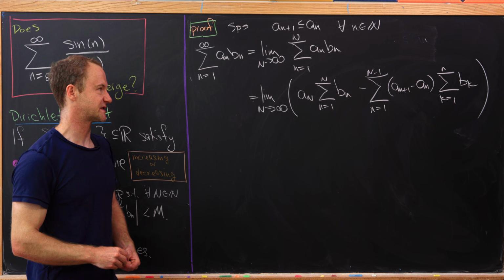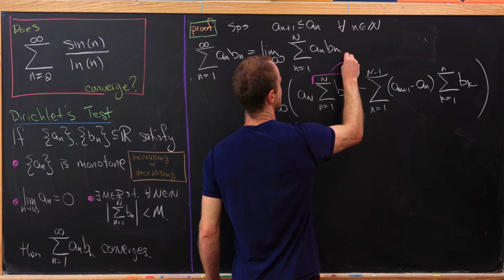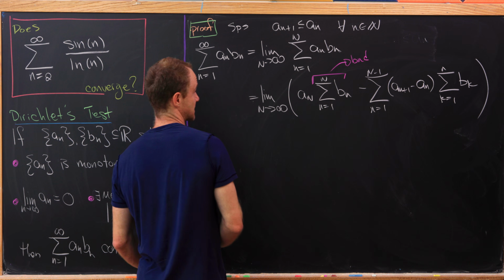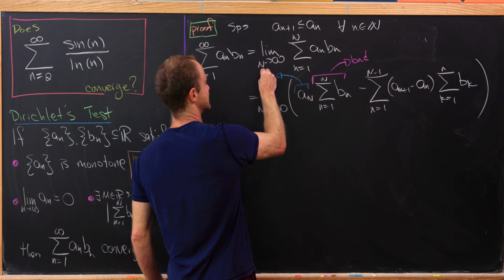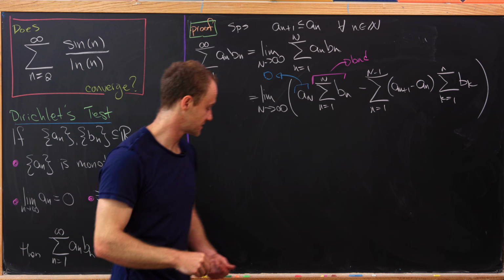Okay, so let's start off with some simplification. So we know that this term is bounded. That's one of our assumptions over there. So that's a good place to start. And then we know that the limit of these terms is 0. The a terms tend to 0. That's also one of our assumptions.